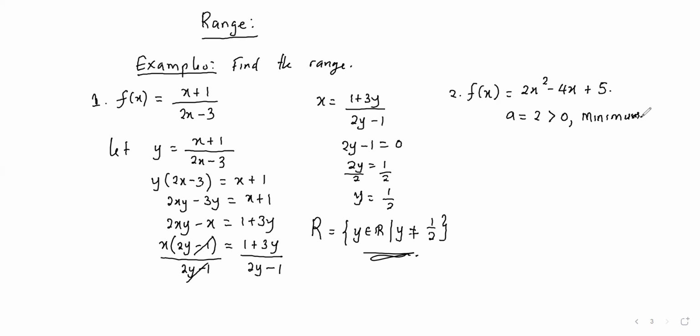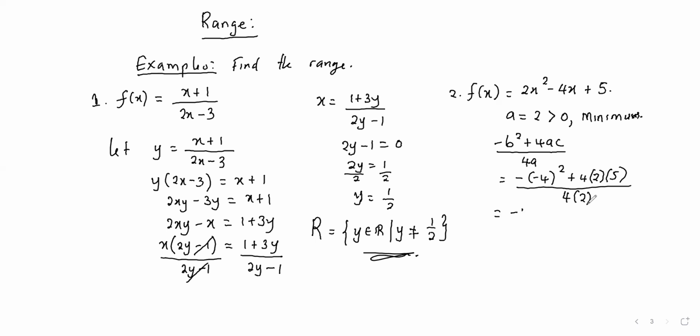Now let's get the minimum value. So the minimum value is given by the formula (4ac minus b squared) over 4a. So that is (4 by 2 by 5 minus negative 4 squared) over 4 by 2.